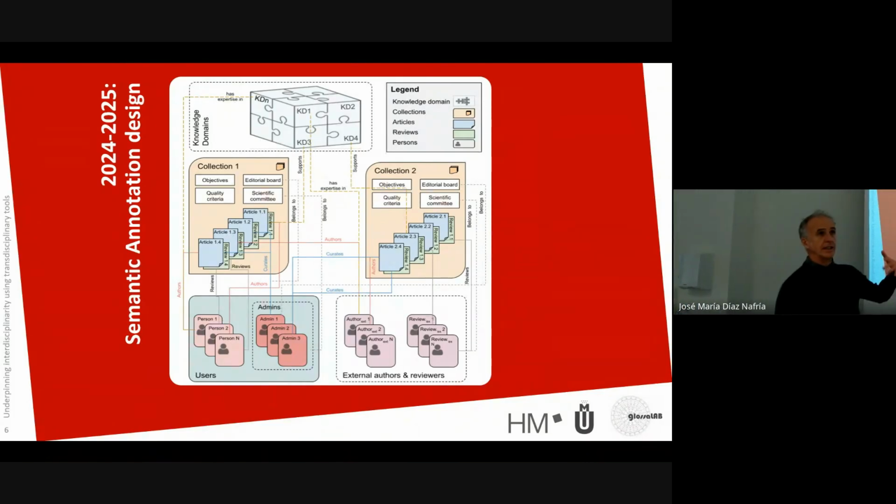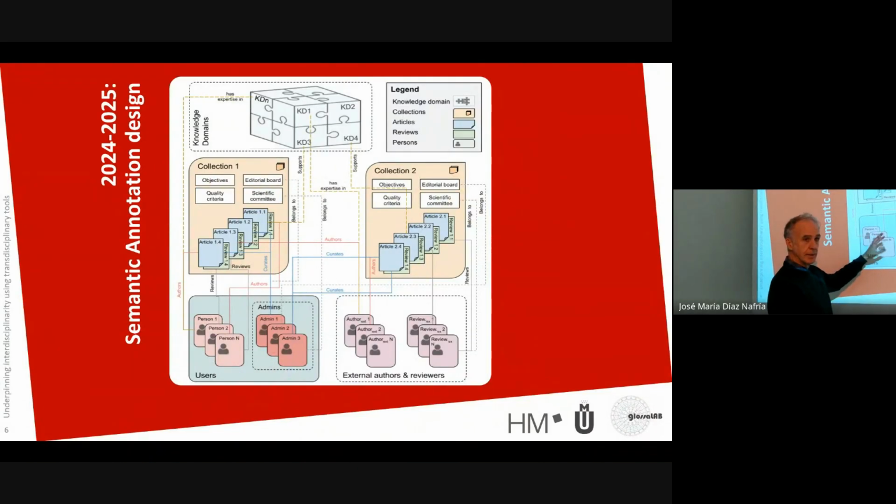We are working in the semantic annotation. So what does it mean? We have persons. The first thing you are going to do is create your profile as a person. The persons are authors. A person can also be an administrator, like the curators that I have mentioned, or an editor. They can belong to an editorial board. Persons can also be reviewers.